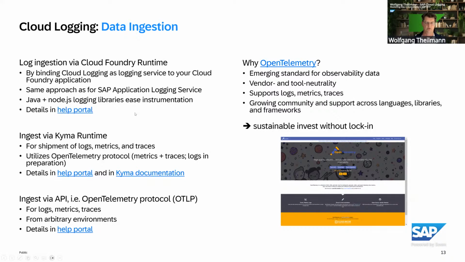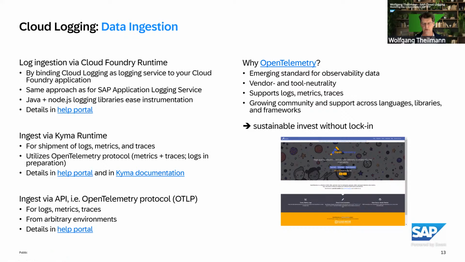Again, documentation is in the help portal and the Kyma documentation. And last but not least, the generic ingest protocol is the so-called OpenTelemetry, which you can already use also from Cloud Foundry runtimes, from different programming languages, contexts, whatever. And there you get the full support for all logs, metrics, traces. And again, we describe it here.